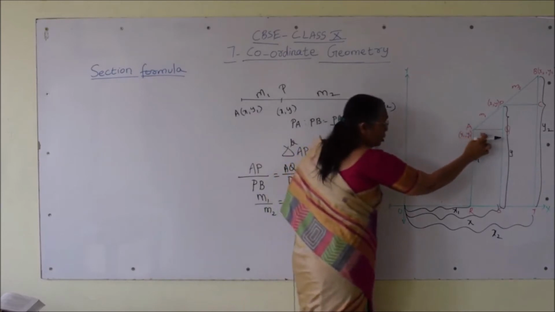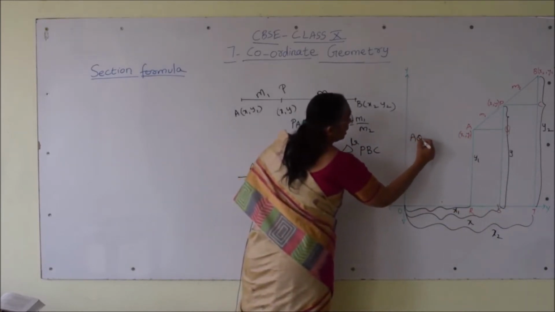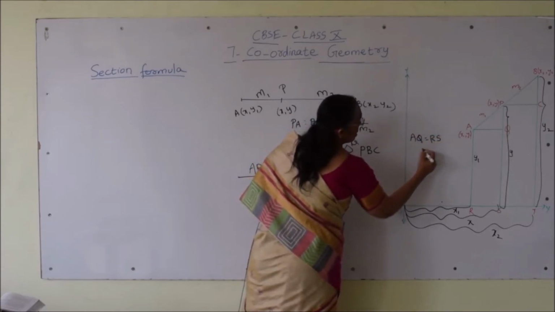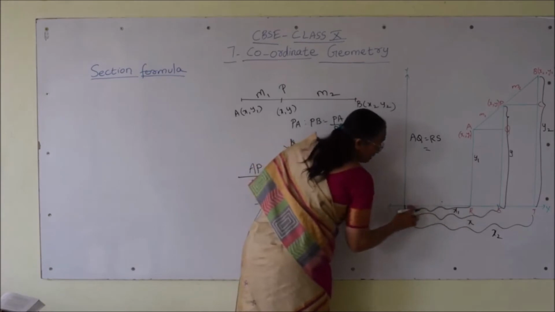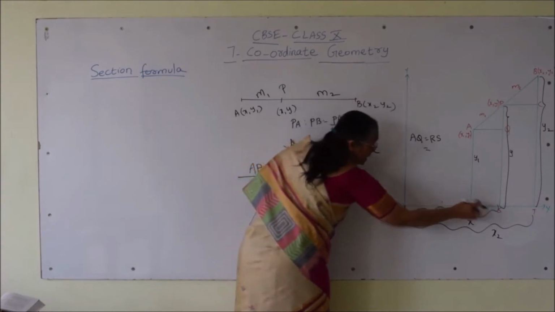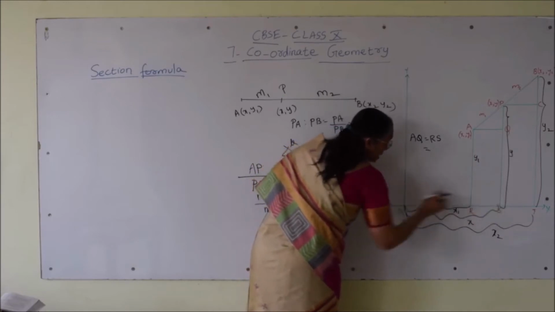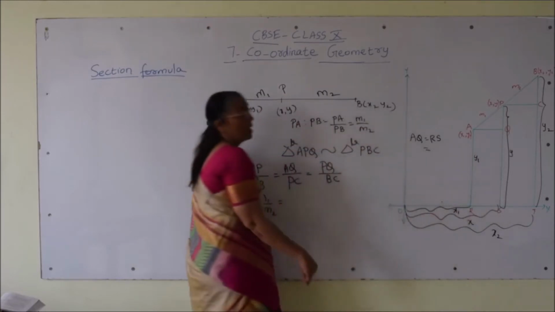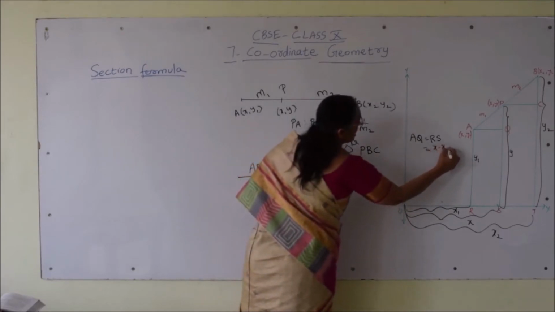Now, AQ is the same as RS. You can write here only. AQ is the same as RS. RS can be written as x minus x1, that is, RS is OS minus OR, OS is x and OR is x1. So, we can write RS as x minus x1.